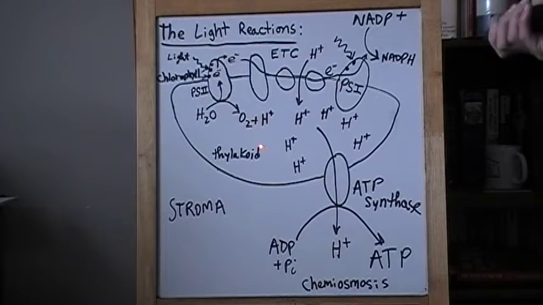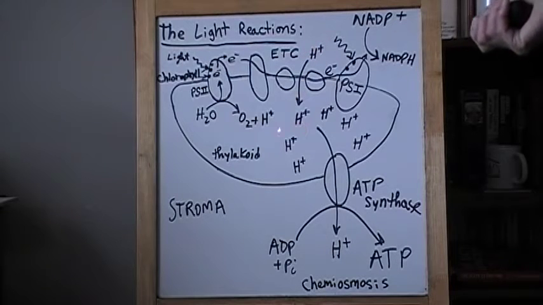The interior of the thylakoid is called the thylakoid space. So these hydrogen ions get pumped in and they build up inside the thylakoid space.